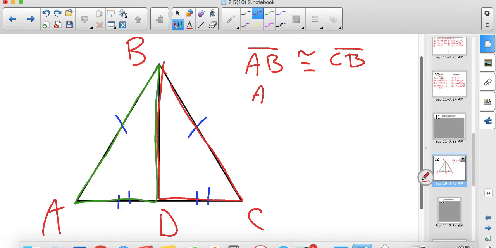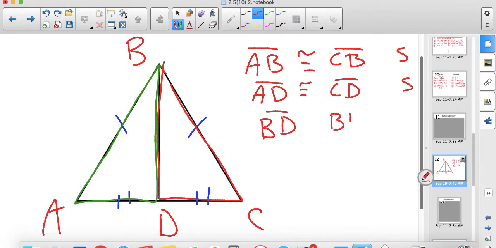I know that AD has a double tick mark on it, and CD has a double tick mark on it. So there's one set of sides, two sets of sides. To get my third set of sides, I need to look at what's missing. Looking at the left-hand triangle, the side that's missing is BD. Looking at my right-hand triangle, the side that's missing just happens to be BD also.